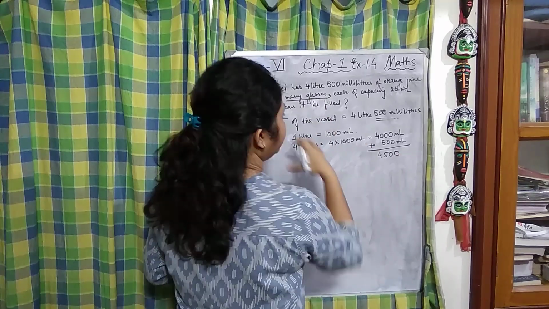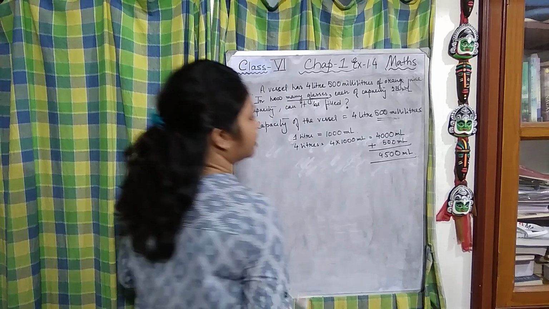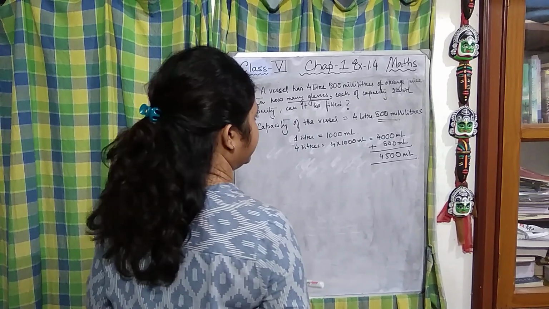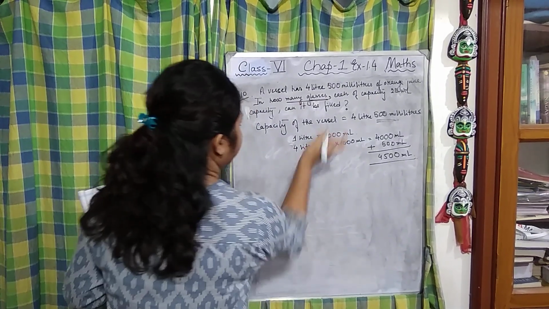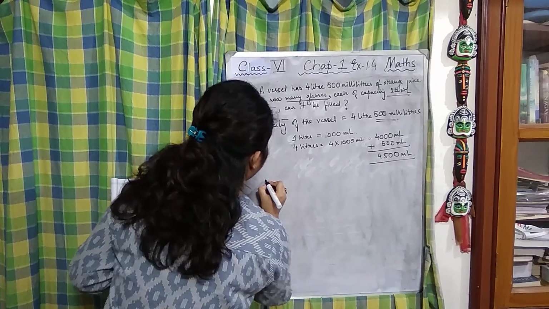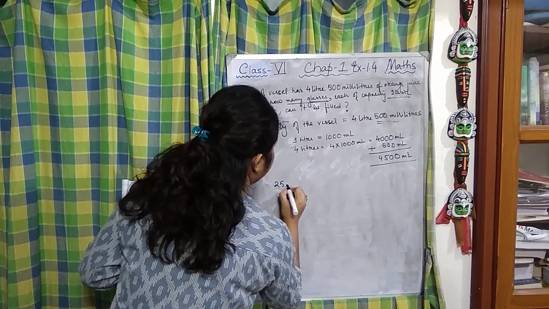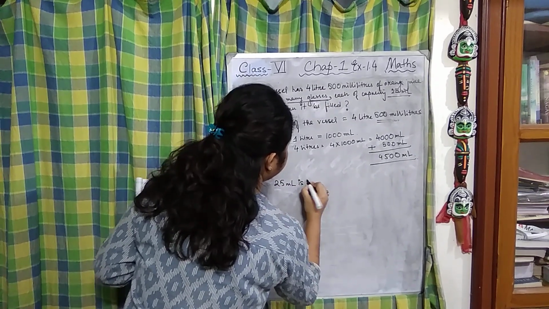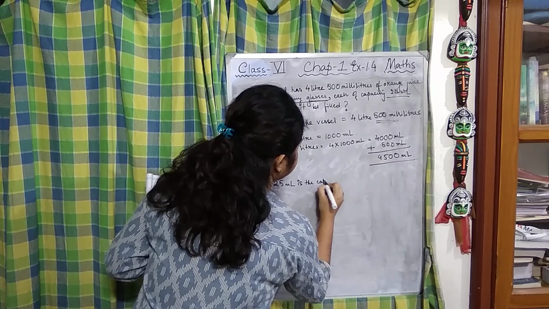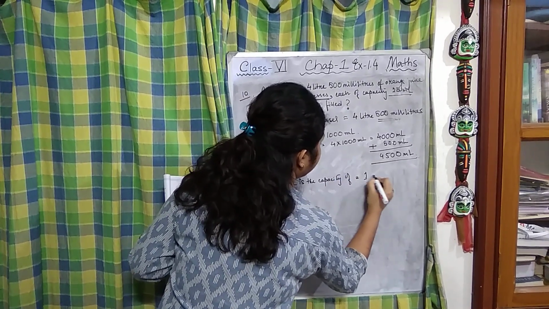The capacity of the vessel in ml is 4500 milliliter. Okay. Now coming back to the sum, where it says 25 ml is the capacity of 1 glass, right?